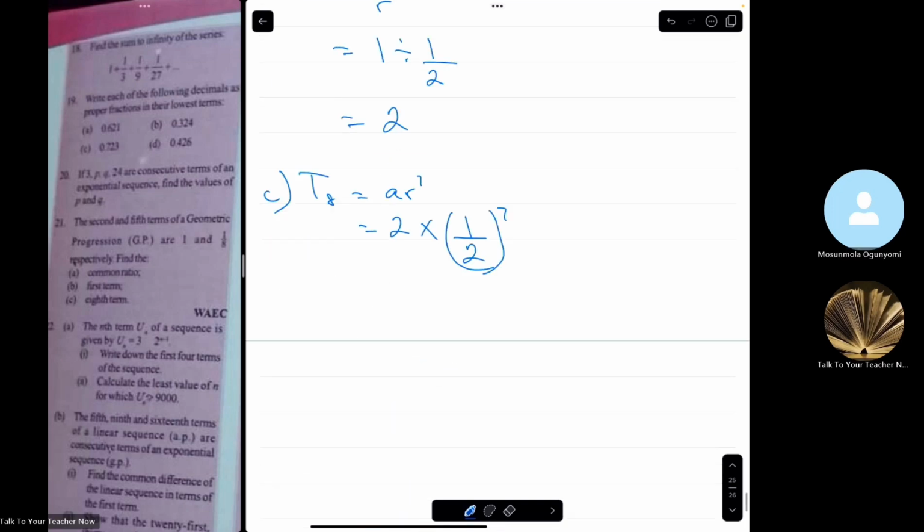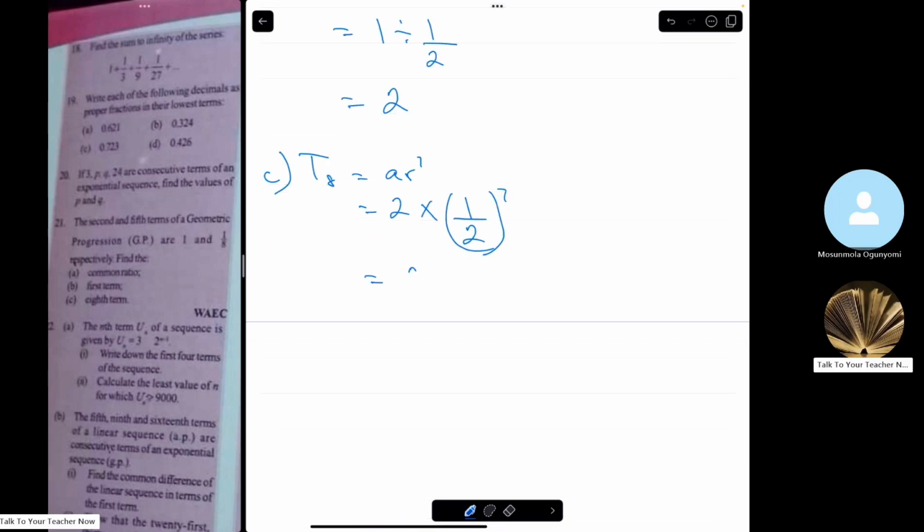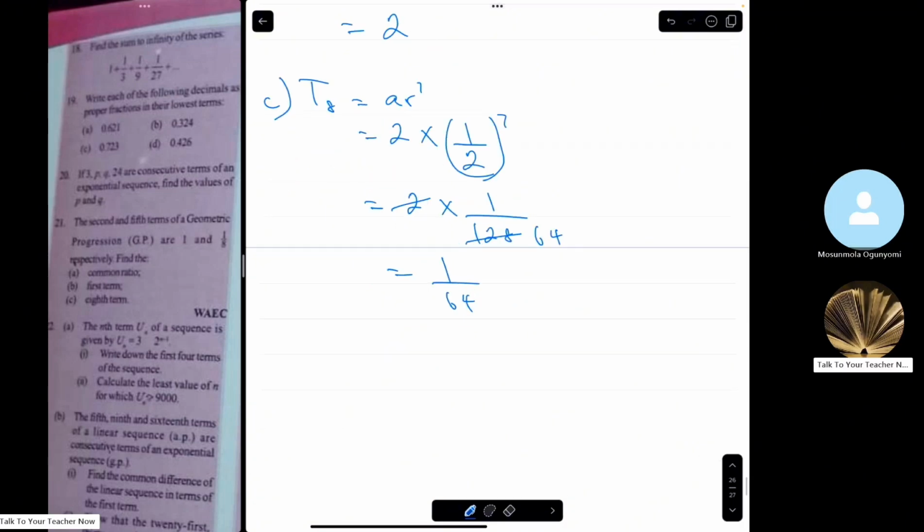Which simply means 2 times 1 raised by 7 is 1, 2 raised by 7 is 128, so 2 here, 1, 2 here, 64, and that's 1 over 64. And that's it. That was a piece of cake. To the next, please.